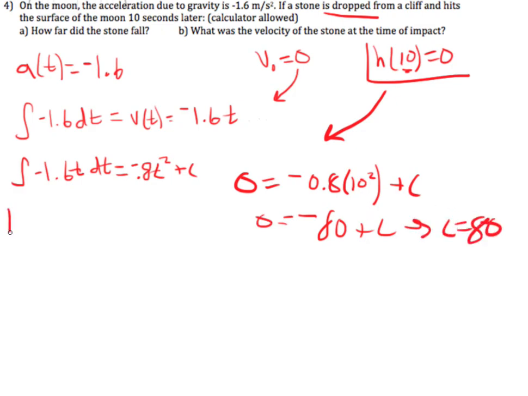So I get my function h of t equals negative 0.8 t squared plus 80.